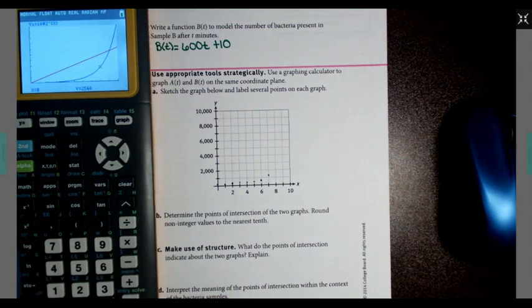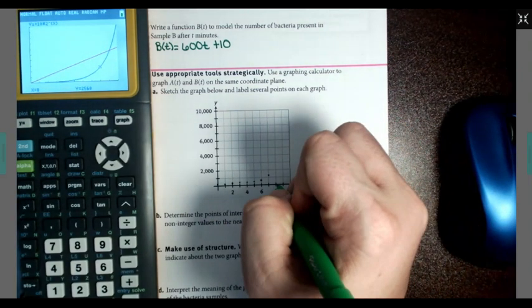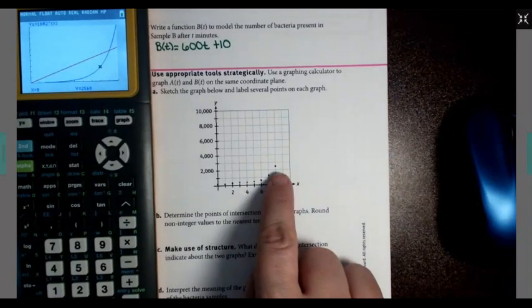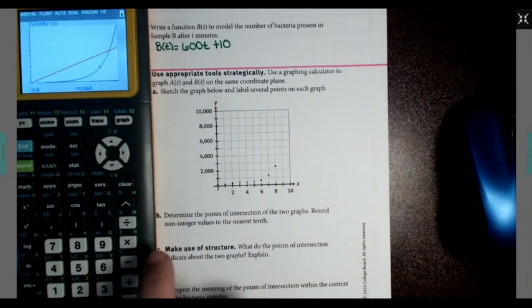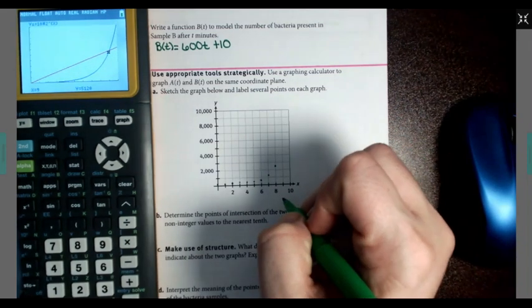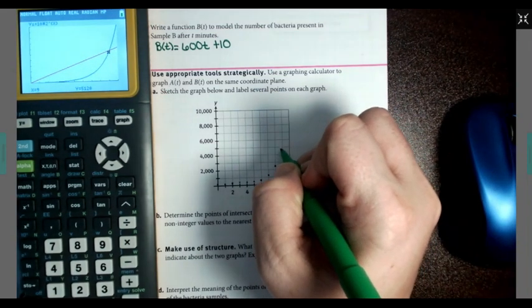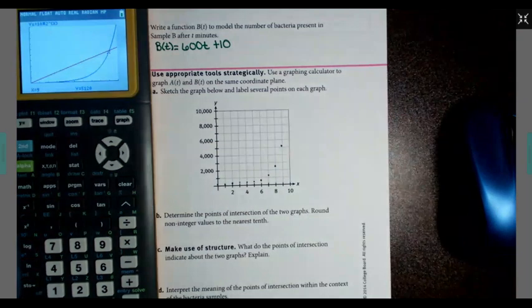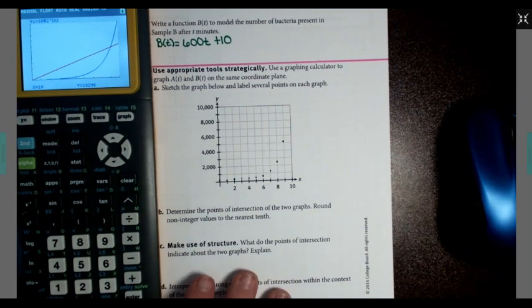At 8, we're at a little over 2,500. This is 2,000, so that's about 500 more. At 9, we're at a little over 5,000. And I think 10's going to be off my graph.